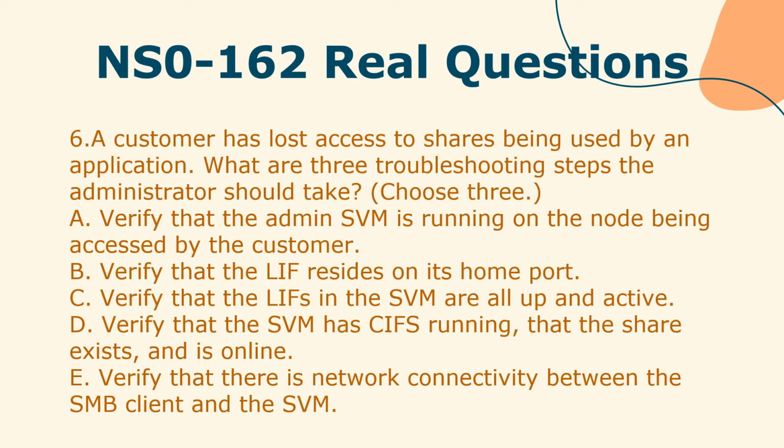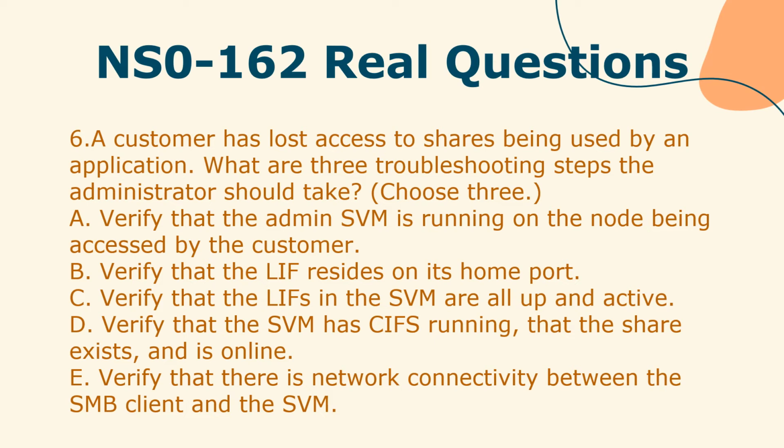6. A customer has lost access to shares being used by an application. What are 3 troubleshooting steps the administrator should take? Choose 3. A. Verify that the admin SVM is running on the node being accessed by the customer. B. Verify that the LIF resides on its home port.